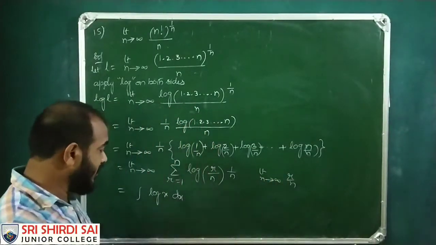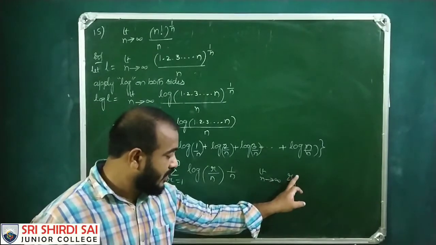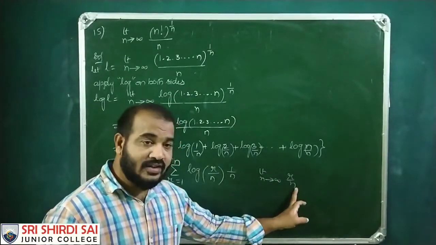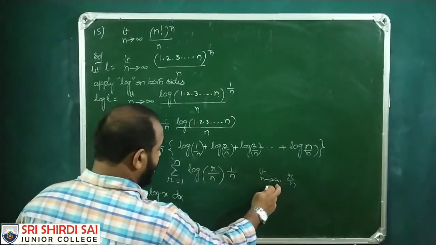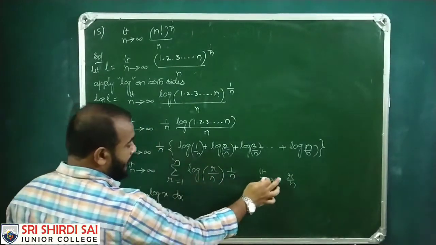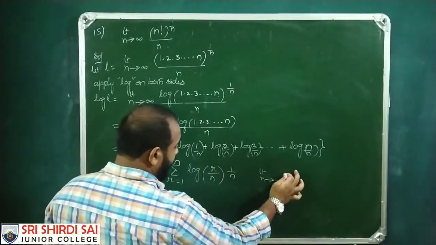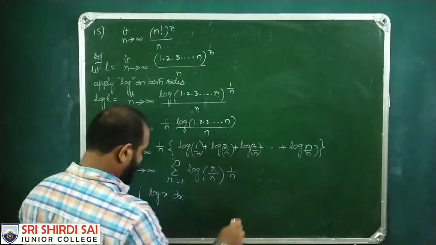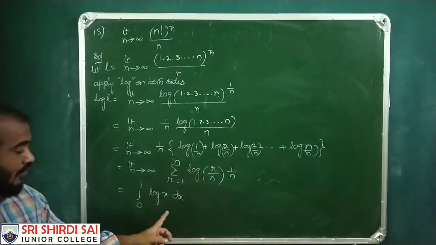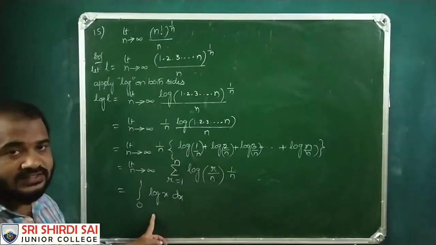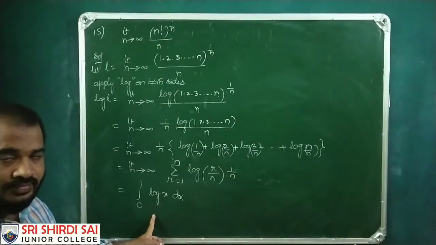So the lower limit is 1. If I substitute here, limit n tends to infinity, 1 by n tends to 0, so this is 0. And limit n tends to infinity, the upper limit is replaced with n by n, which is 1. So the integral of log x dx, we know the direct formula, x log x minus x.